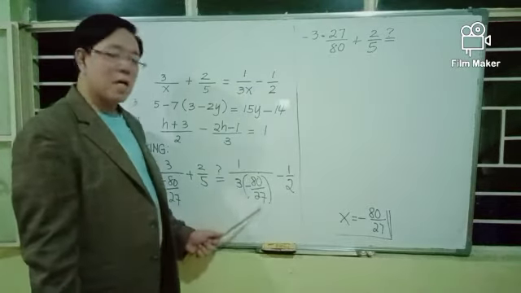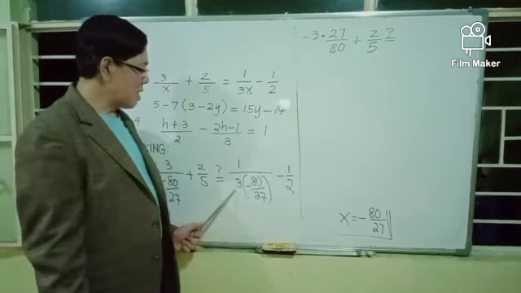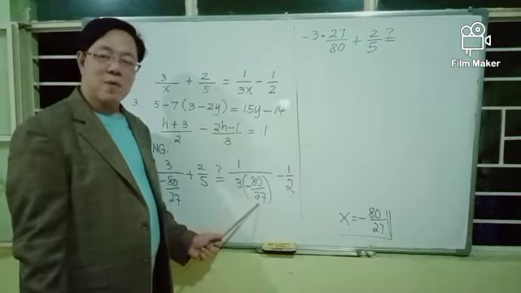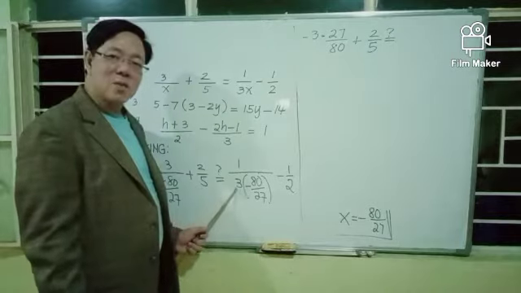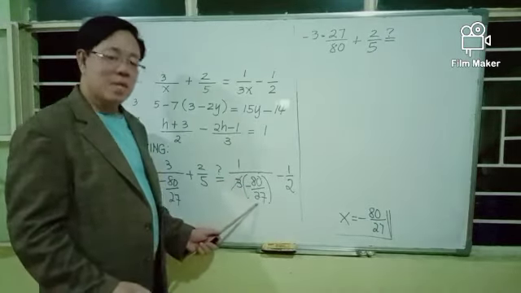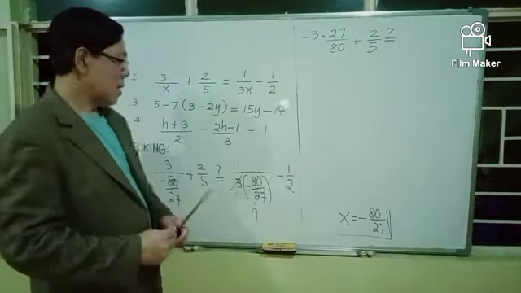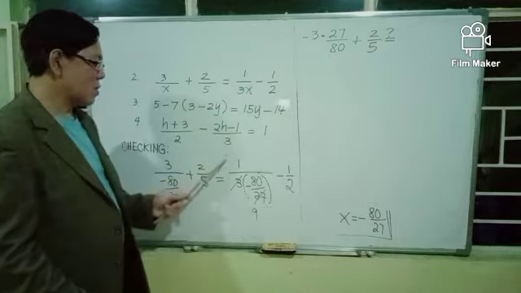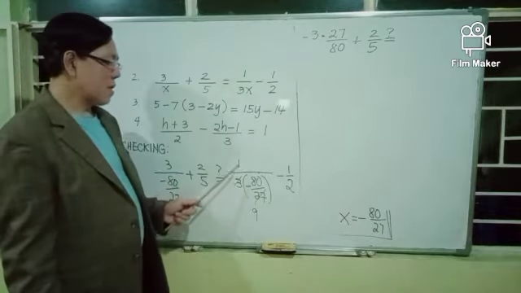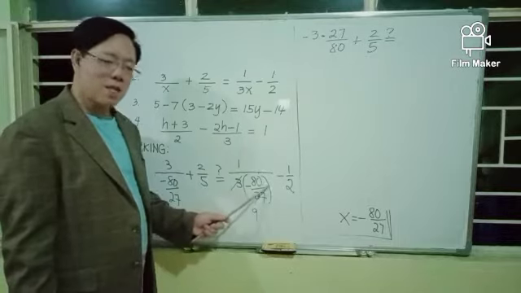Now, 3 over 27 can be simplified by dividing 3 and 27 by 3. 3 divided by 3 is 1. And 27 divided by 3 is 9. And to simplify this fraction, we multiply 1 by the reciprocal of negative 80 over 9.